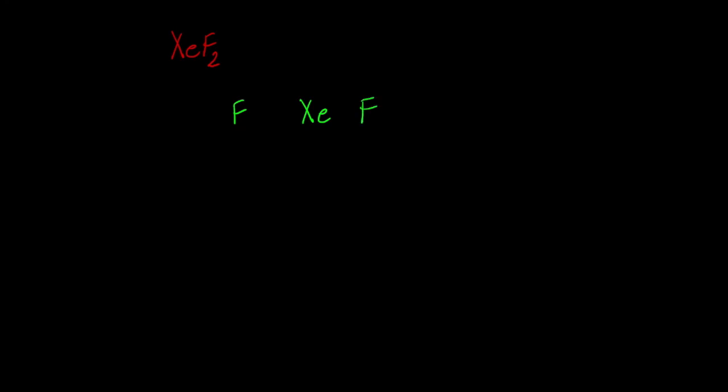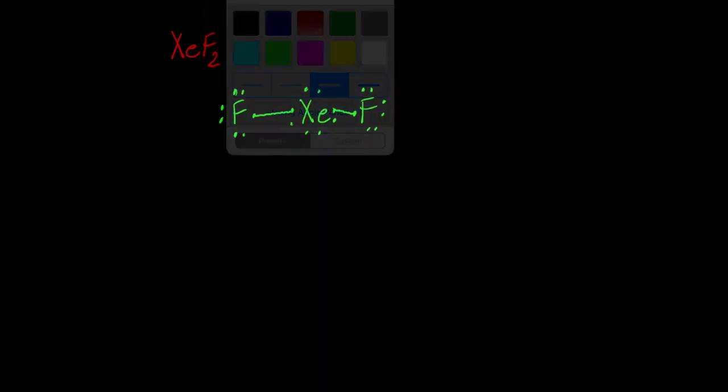Xenon is in group 8, so we need 8 valence electrons to get us started. Fluorine is in group 7, so we need 7 valence electrons to get us started. 7 over here as well. Make a line, which is a bond. Okay, and then count your pairs.